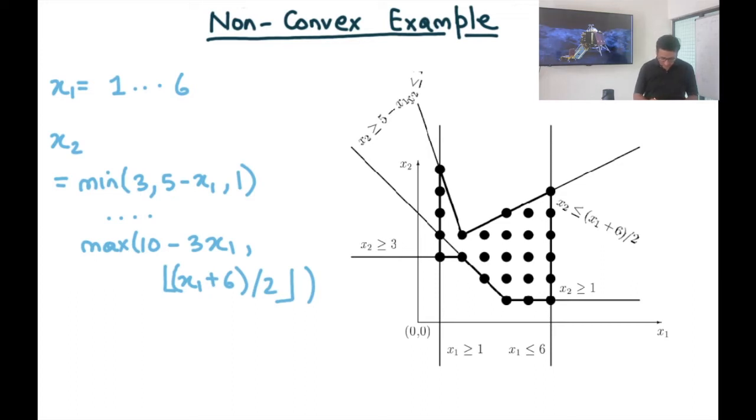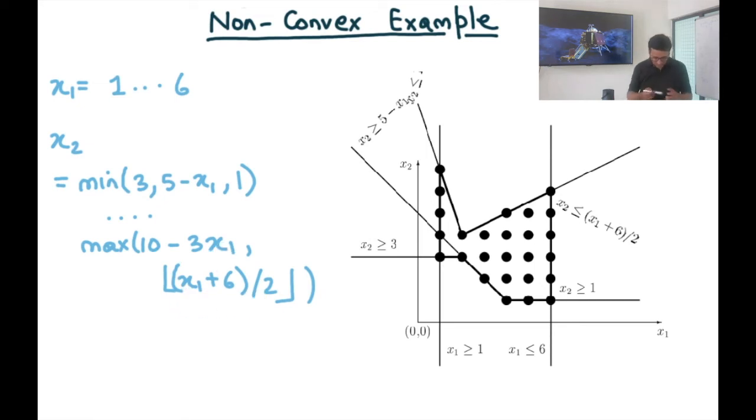So here's an example. Once again I'm going to use a 2D loop nest, and let's say the first iteration variable is x1, which goes from 1 to 6. Now this looks very convex, because if I take any two points between 1 and 6 and draw a line between them, it's also going to be between 1 and 6. But now x2 goes from minimum of 3, 5 minus x1, 1 to maximum of 10 minus 3x1 and (x1 plus 6) by 2.